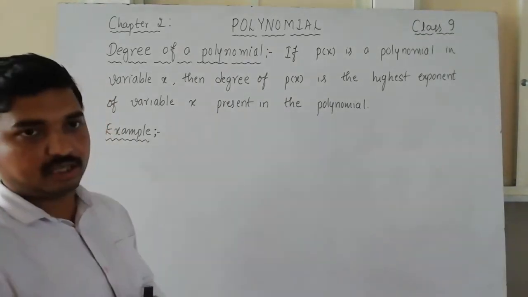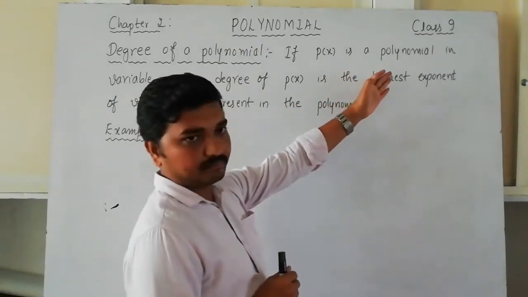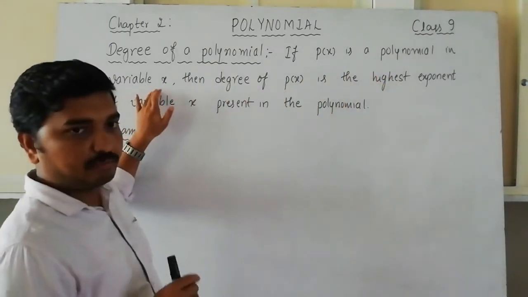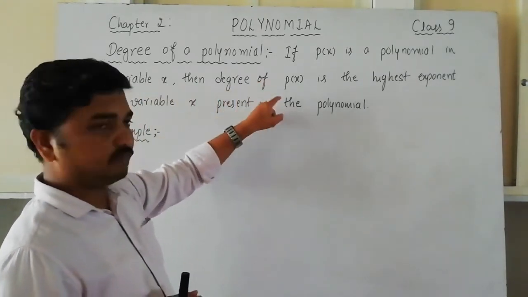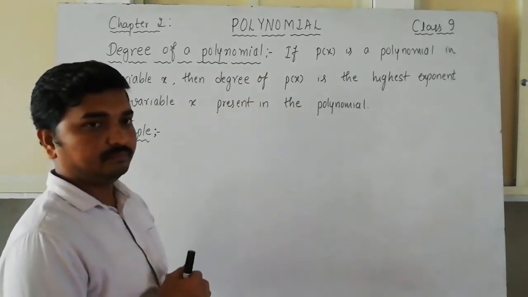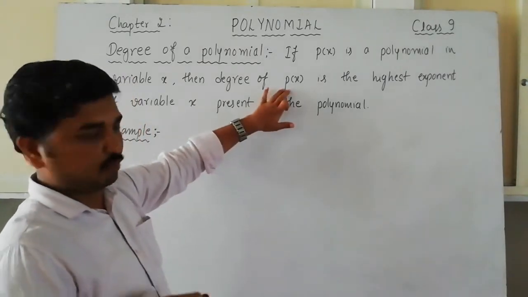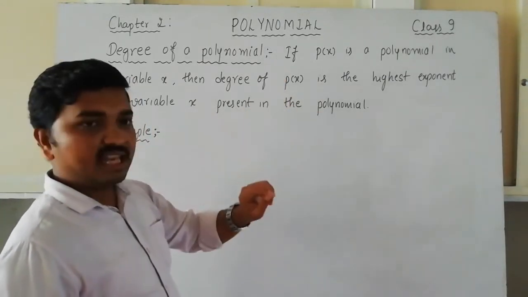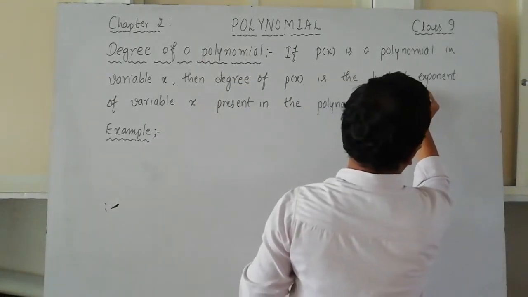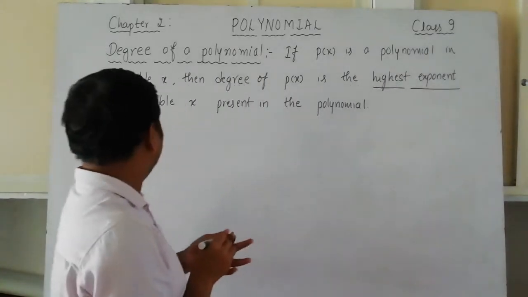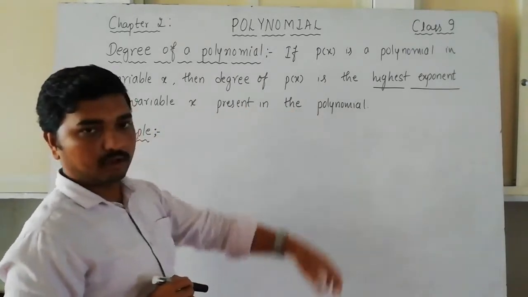Now look at the statement. Okay, look at the definition. If p of x is a polynomial in variable x, then the degree of p of x is the highest exponent of variable x present in the polynomial.